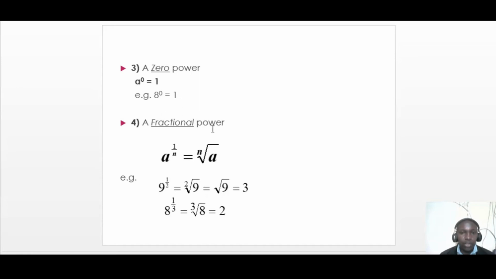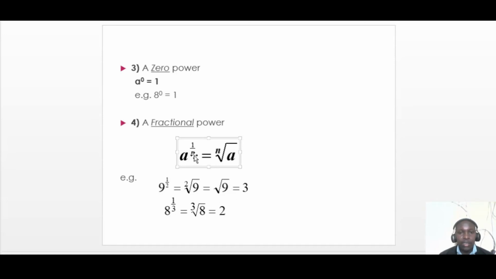What about a fractional power? Now when the power is a fraction, like a raised to power 1 over n, that simply means it is the nth root of a. 1 over n means the nth root of a. For example, if n is equal to 2, then this means the square root of 9, which is going to give us 3.